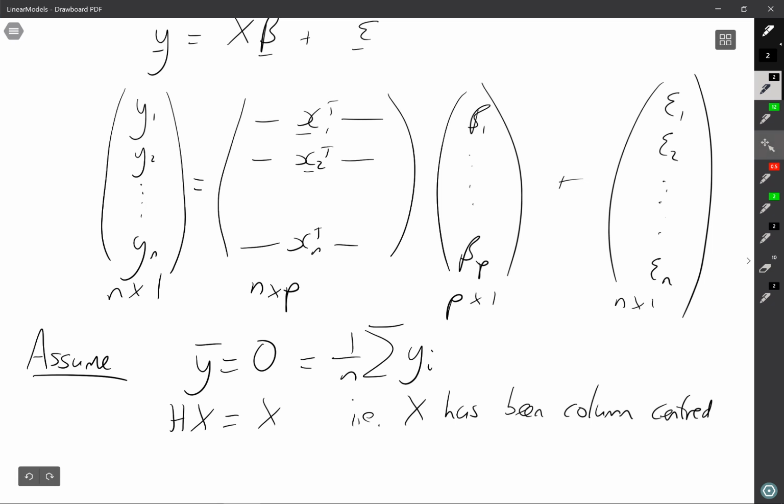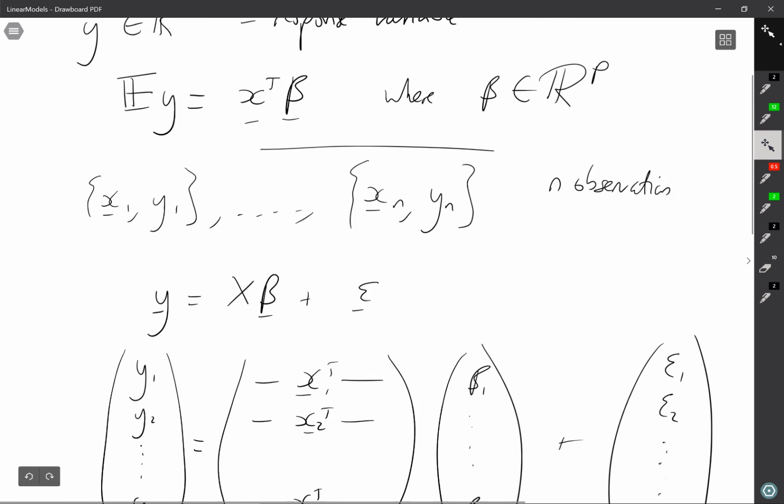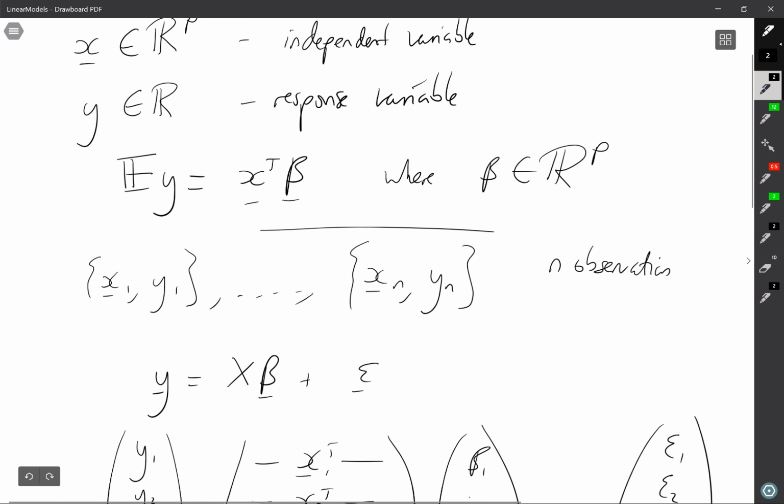If we think about what this model is, if I was to spell this out, this would be beta 1 x1 plus beta 2 x2 plus up to beta p xp. So that's writing it out as a sum of scalars. This is in vector form.